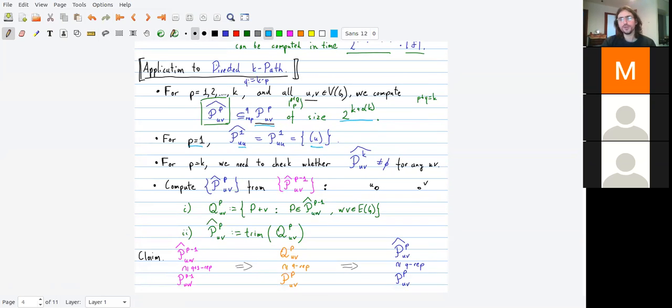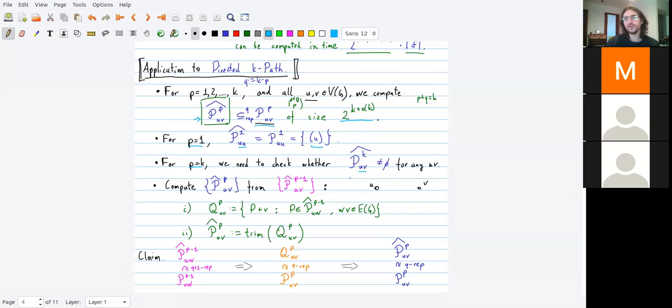So imagine what happens if I computed this family for p equal to k. This means that I computed a zero-representative family for the family of all the k-paths between u and v. And if you think about what zero representativity means, it actually means preserving non-emptiness, because, like adding an empty set as a possible extension, I need to preserve at least one solution that fits the empty set extension.